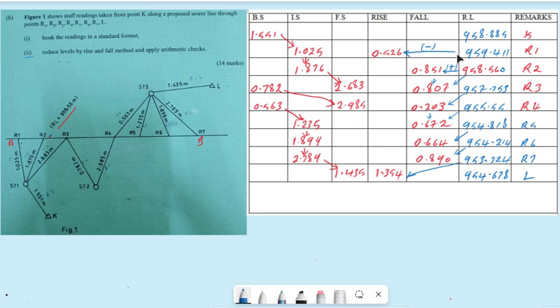So for this one, I'm supposed to get the summation of backsight, which is 1.551. I add 0.782, then I add 0.563, and this one gives me 2.896.